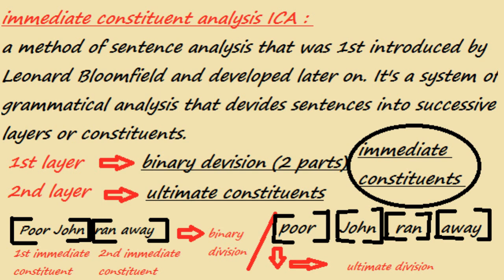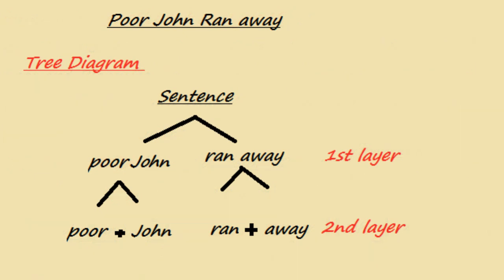Now, if we're asked to analyze it, including the second layer, we take each part alone. We are going to have poor alone, John alone, ran alone, and away alone. This is called the ultimate division. This is the second layer. Now I'm going to display the tree diagram. You have the sentence.